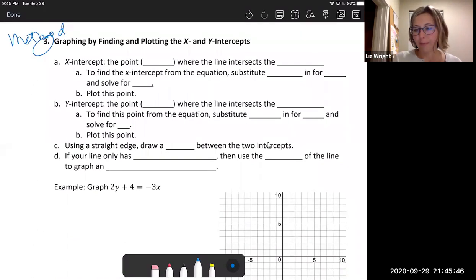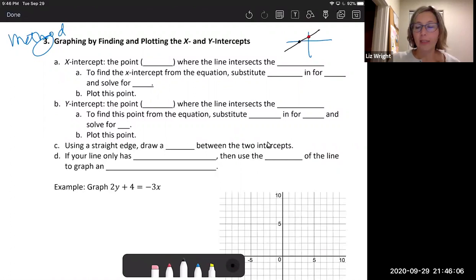So think about this. Intercepts, what does that mean? It means our graph is going to cross the x at some point. So this would be our x-intercept, and this would be our y-intercept, right? The y-intercept, I'm going to make it a different color. Y-intercept is going to be red. My x-intercept is going to be black.